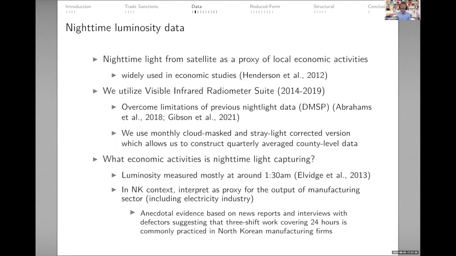We also conducted interviews with North Korean defectors, and they suggested that night shifts are quite common in North Korean factories. And the street lights are known to turn off at around 12 a.m. So we believe that the nightlight data can be a reasonable proxy for nightlight coming from these manufacturing firms, and therefore we're going to mostly interpret nightlight intensity as a measure of manufacturing activity.